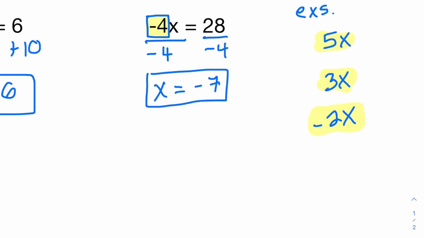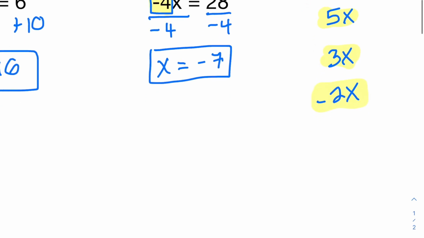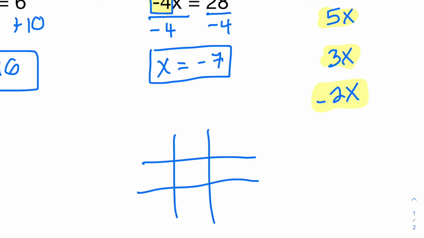4 goes into 28 7 times, and when you're dividing a positive by a negative, you end up with a negative result. And one good way to remember that is to use a tic-tac-toe board. On a tic-tac-toe board, if you put positive signs diagonally down the board, and then fill in negative signs everywhere else, then that can tell you what result you would get when you multiply or divide by a negative.